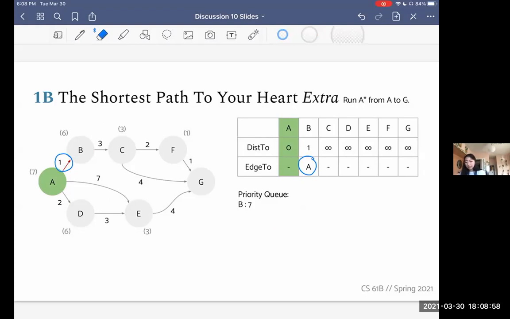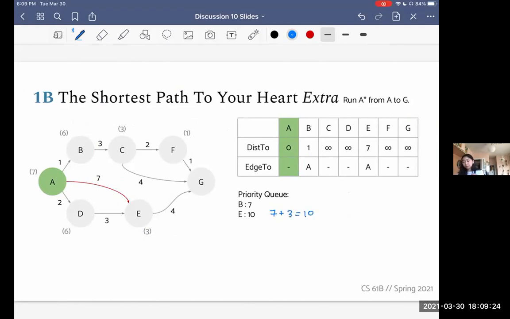Next, we're going to look at the next child, E. If we were to traverse E, it would have a total distance of 7 from the start to E, and our edge 2 would be A if we traverse this edge. Our priority in the queue is going to be 10 because it's the distance 2, which is 7, plus our estimated heuristic from E to the goal, which is 3.